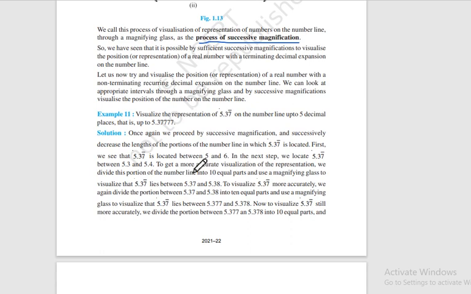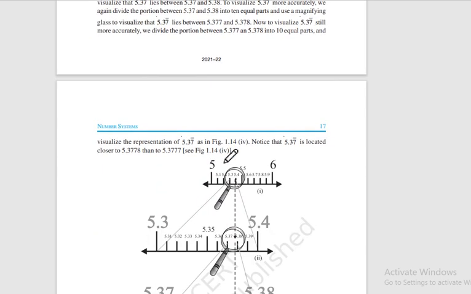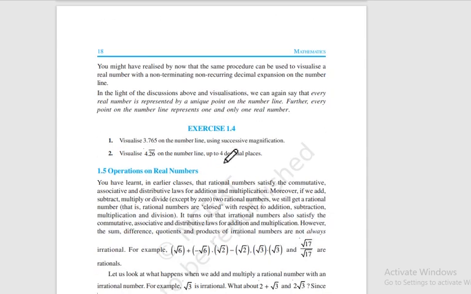So what you can do is you can go up to a few decimal places. You can be accurate up to a few decimal places when you are representing these numbers. But from this representation you can realize one thing, that any number has its unique representation on the number line, or any point on the number line represents a unique number, isn't it?